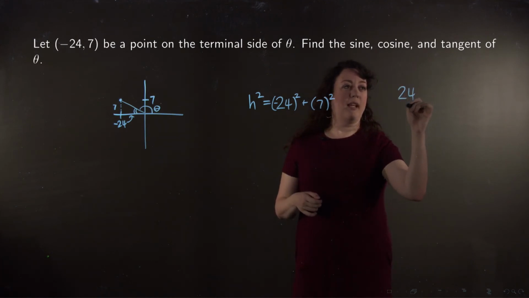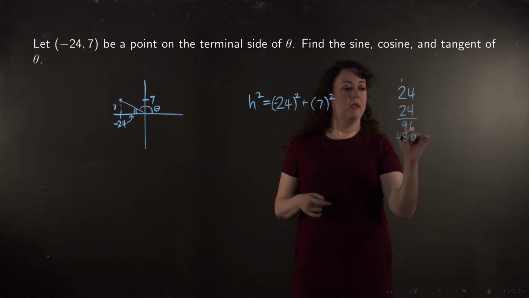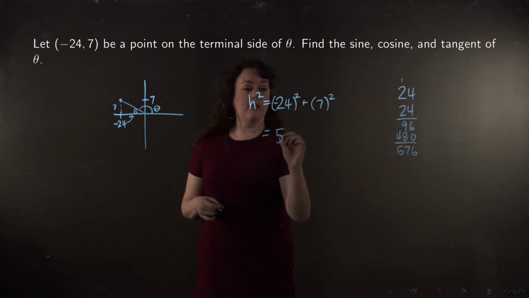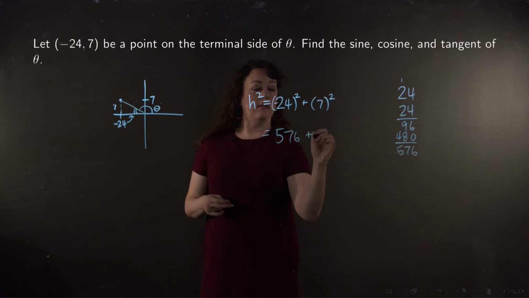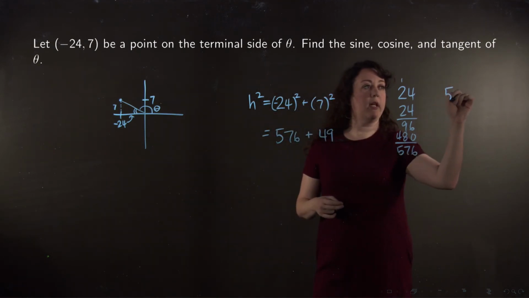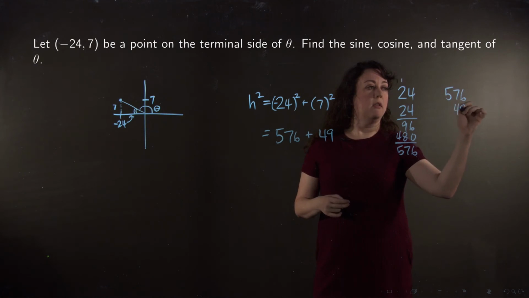I don't really need the negatives. Negative 24 squared is 576. 7 squared is 49. And 576 plus 49 is 625.